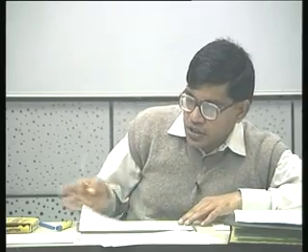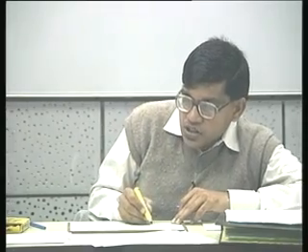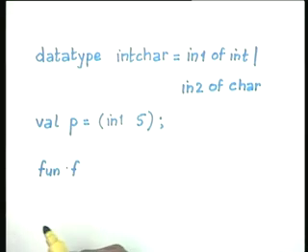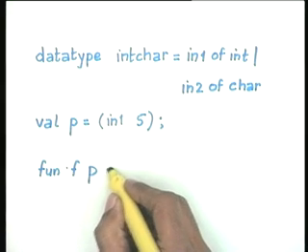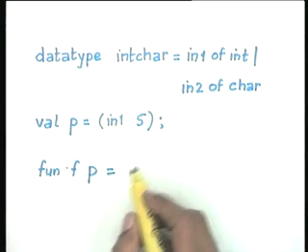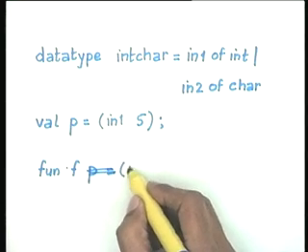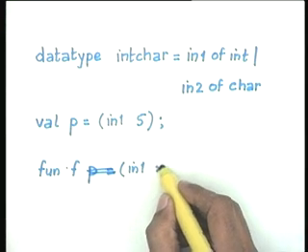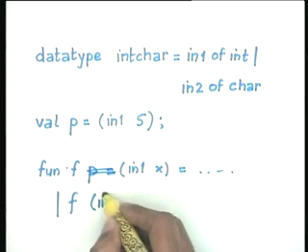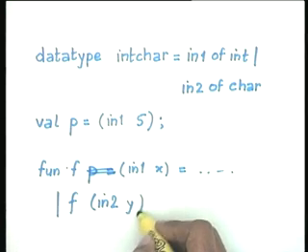Lastly, there is also this thing that given an arbitrary variable of this type, you could do a case analysis. So, you could have some function f applied to p, which would be defined as f of in1 x equals something, f of in2 y equals something.